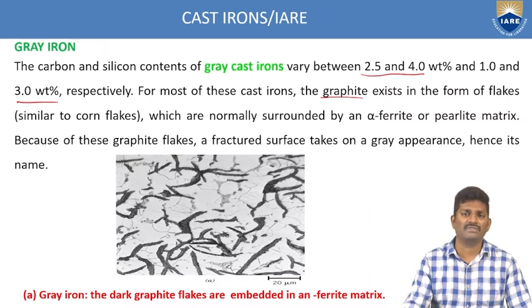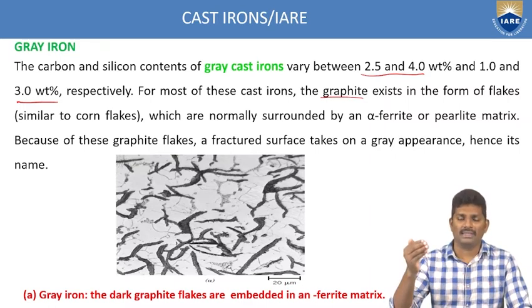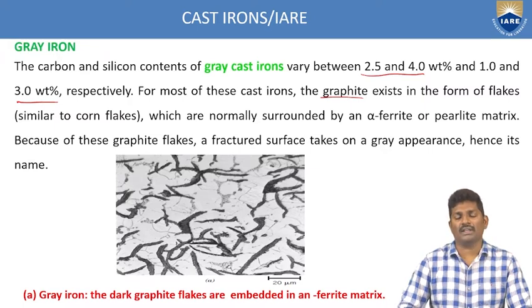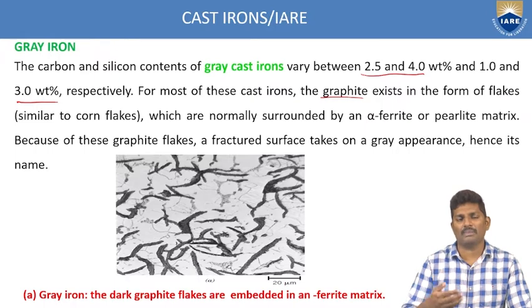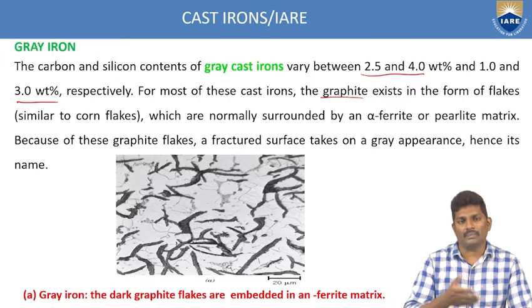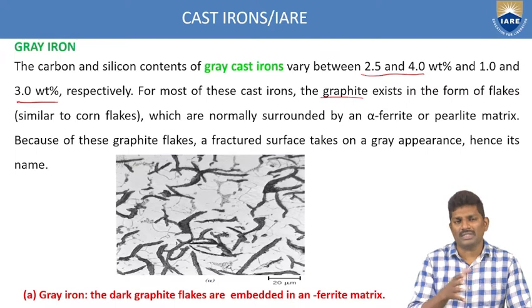In the previous sessions, we discussed how the microstructure develops when we cool the system. The austenite converts into pearlite, and that pearlite has alternate layers of ferrite and cementite. By seeing the microstructure, we can easily identify what type of material it is.